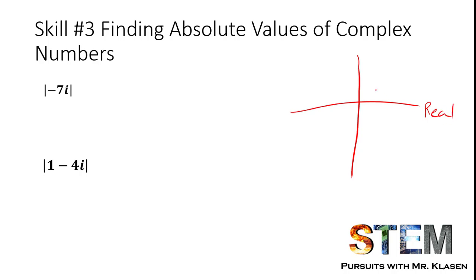You have a real component, just like when we were writing it out before, and an imaginary component. And in computer science, when you get these numbers, sometimes they still have a value associated with them, even though they're not real. So we still need to know what value they have in terms of their magnitude.